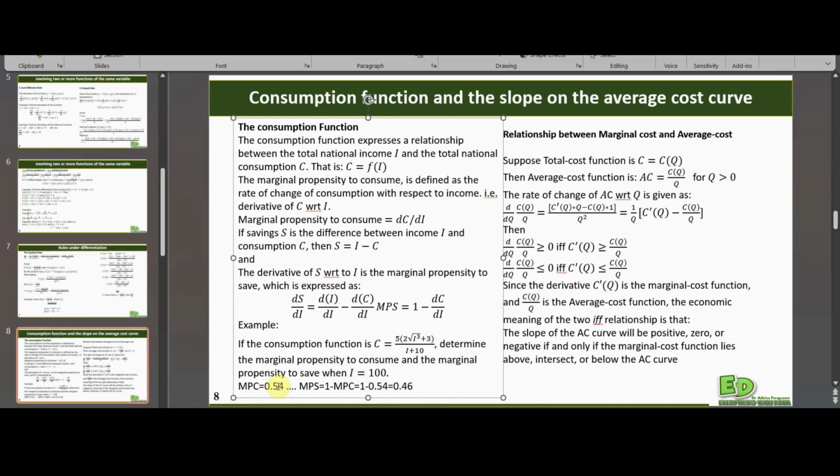That should be 0.54, let's say to 2 decimal places. Then you can go ahead and find your marginal propensity to save, which is 1 minus your MPC. 1 minus 0.54 will give you 0.46. So that's how you go about this particular question.